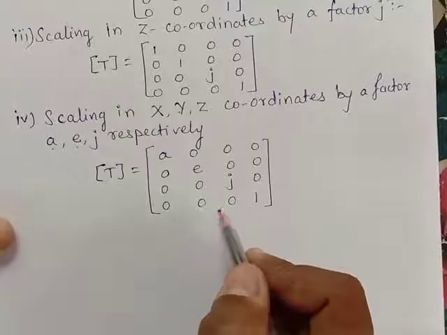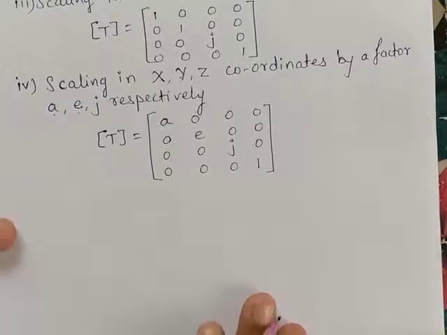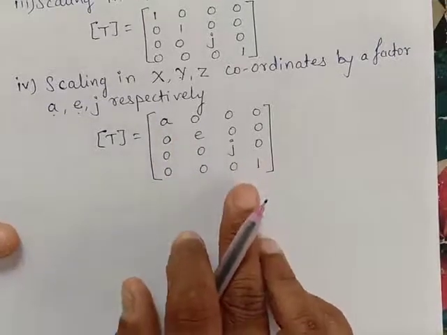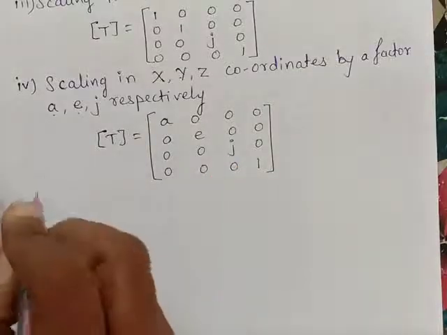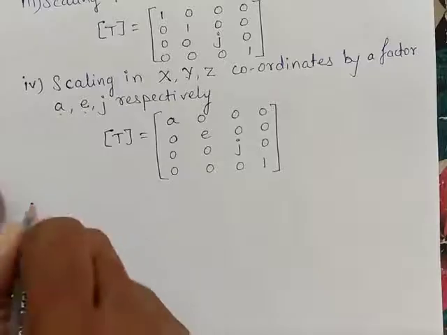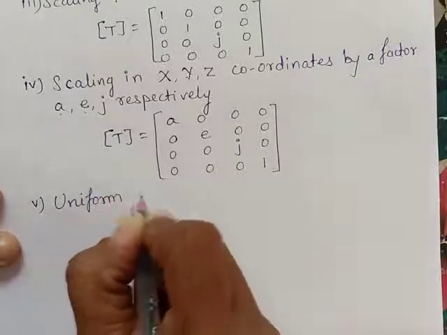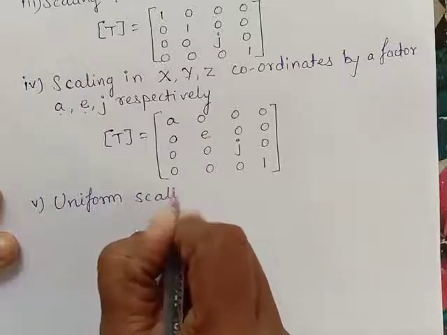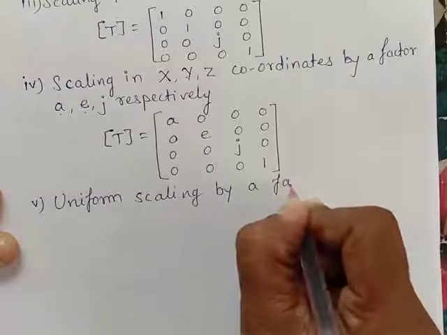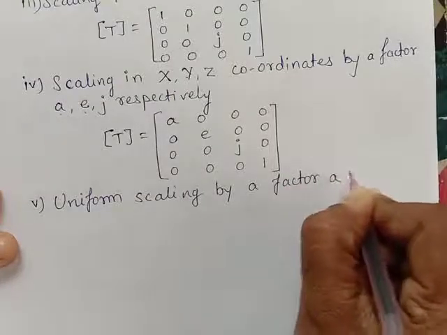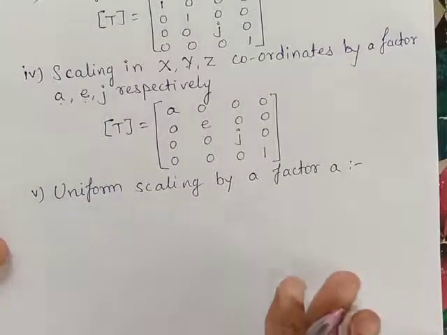It is much similar to our two-dimensional system. There also scaling is affected due to diagonal entries, right? So here also the same. Remember this one. Now the next one, uniform scaling by a factor A. That means scaling in x, y, z coordinates by the same factor A only, right?